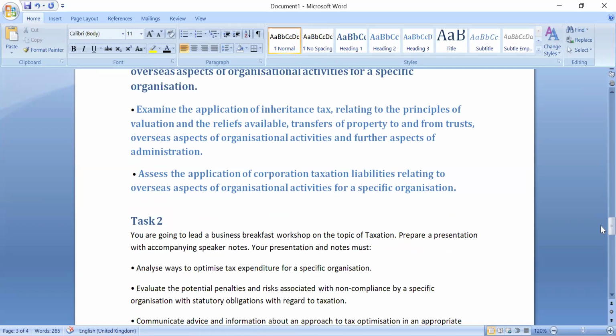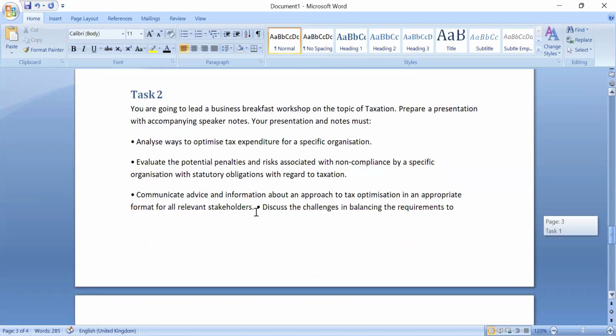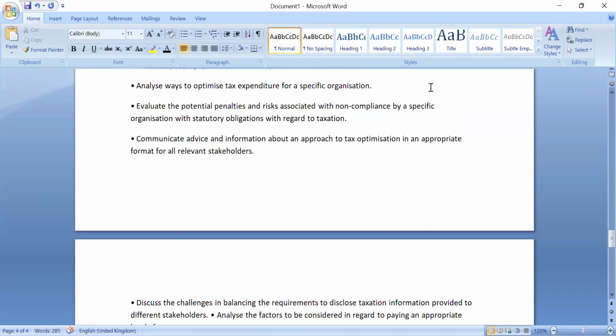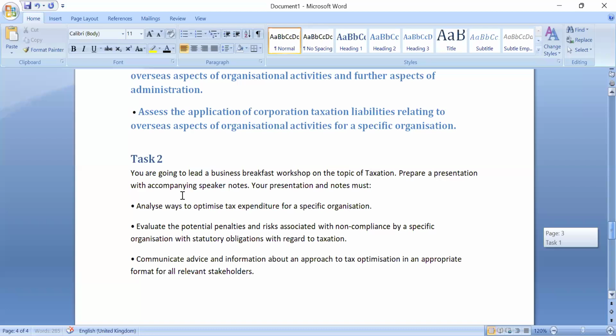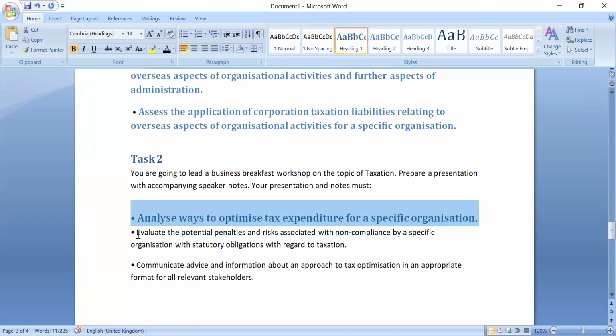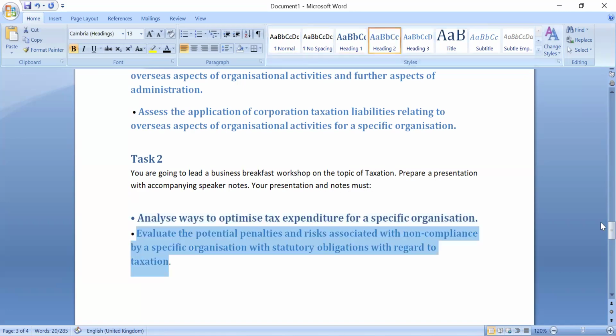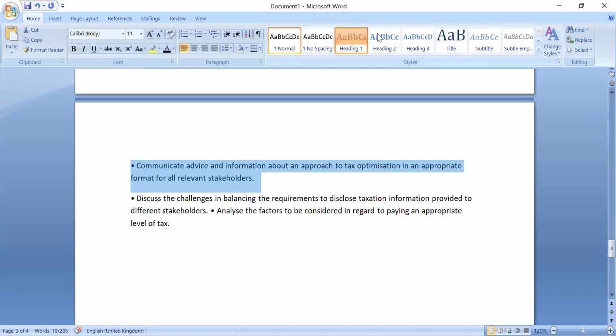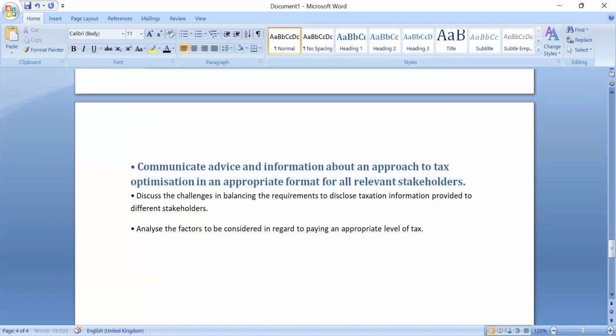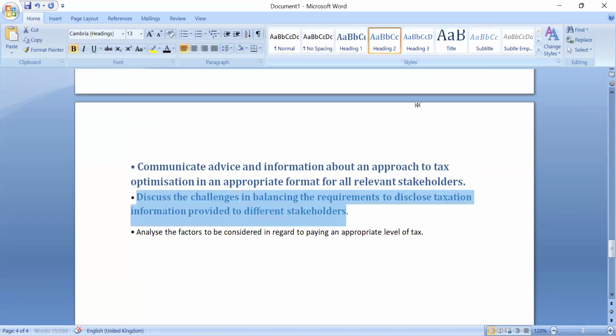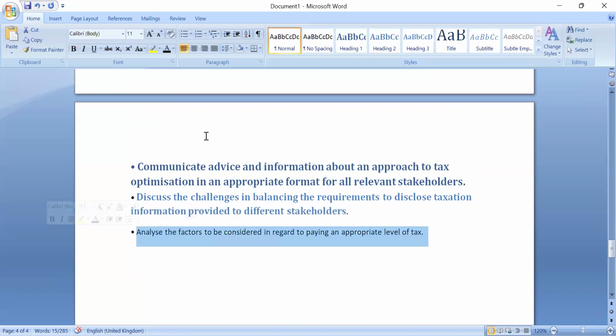So it meets the criteria, because the presentation can be in a different form. These can be in the PowerPoint slide. Please look around, and these are the bullet points.